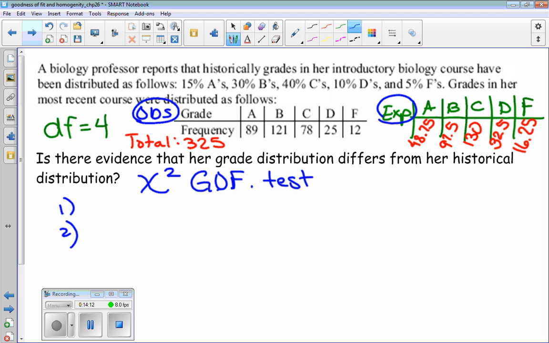What's the first one? That my observations were collected randomly. I don't know that, but what could I say? That hopefully it's a representative sample, right?